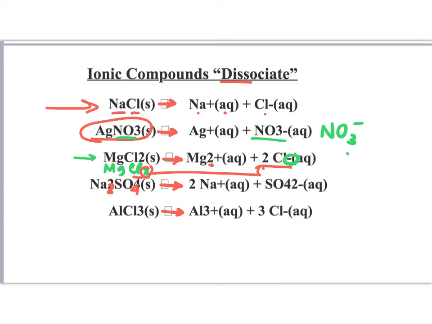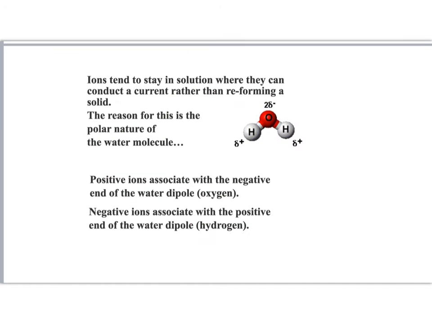You don't want to do something like this, because that's implying that you have a unit of Cl2 that's carrying a -1 charge. But by writing it as 2 Cl-, that means that I have two ions that each carry a -1 charge, and that would offset the singular positive 2 charge that the magnesium possesses. And the same thing would apply for the sodium sulfate and the aluminum chloride.